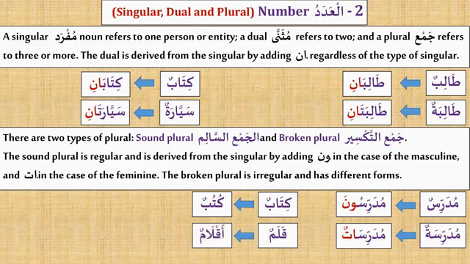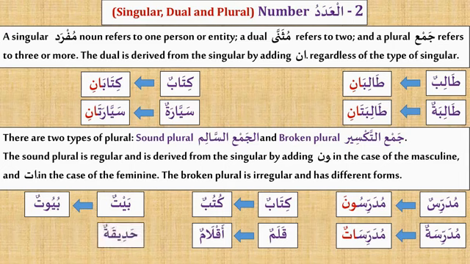Aqlamun, pens, three or more pens. Baytun, house. Buyutun, houses, three or more houses. Hadiqatun, garden. Hadaiqu, gardens. As we see, all of them have different forms.